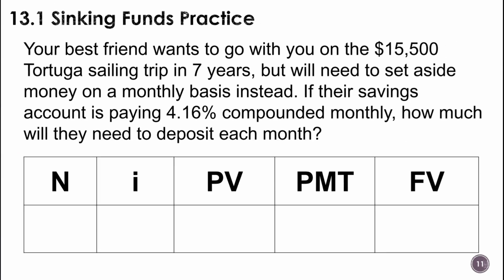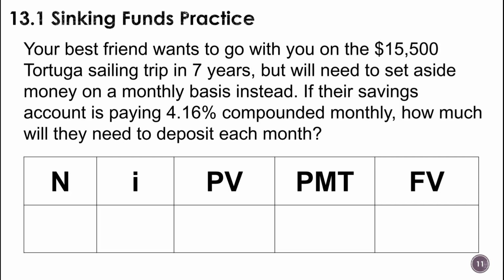Okay, you're still taking this sailing trip, and you're going to set aside some money. Your best friend wants to go with you, right? So it's going to be the same amount, but you need to set money aside on a monthly basis. If their savings account is paying 4.16% compounded monthly, how much will they need to deposit each month?